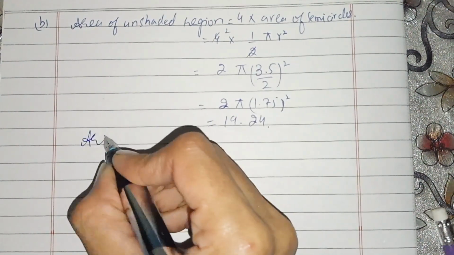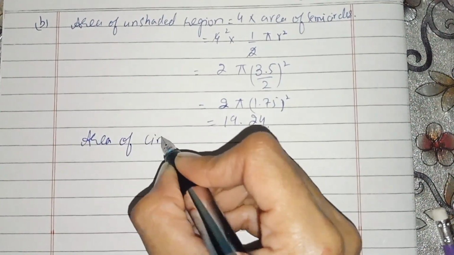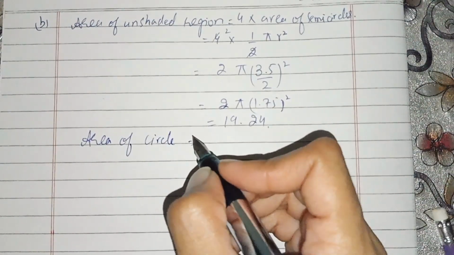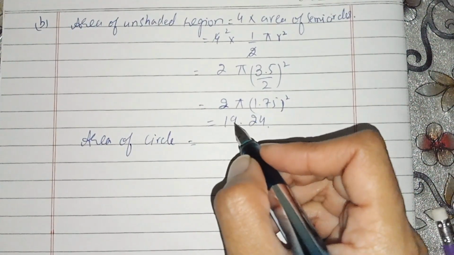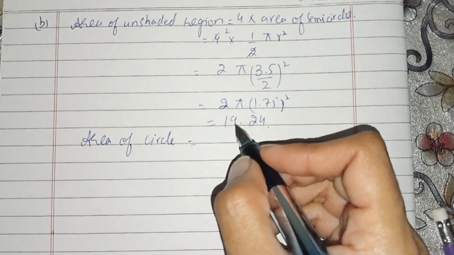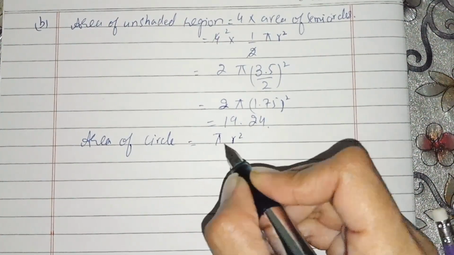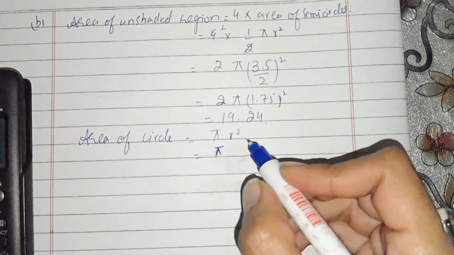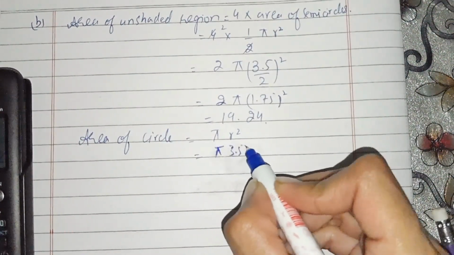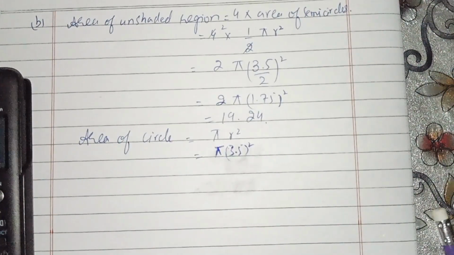Now we have to find the area of the circle, which is equal to pi r square. Now students, in the area of a circle, r is equal to 3.5. We have to take the square of 3.5.